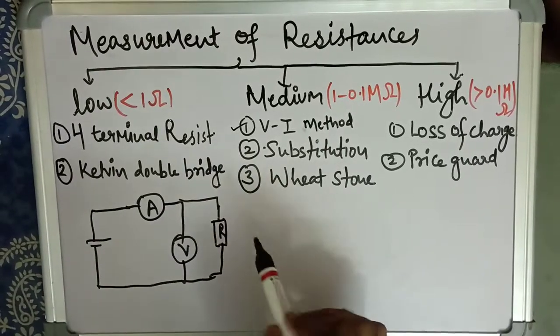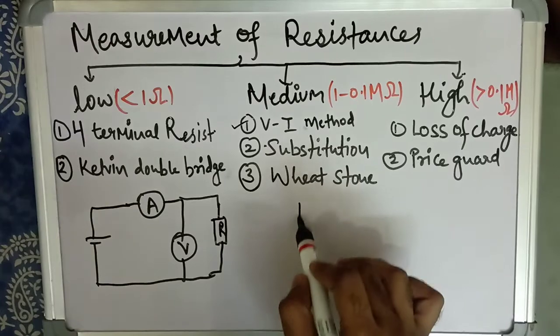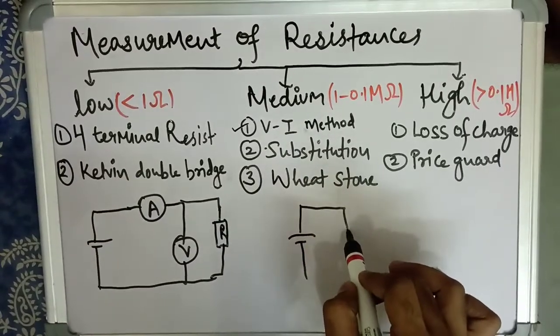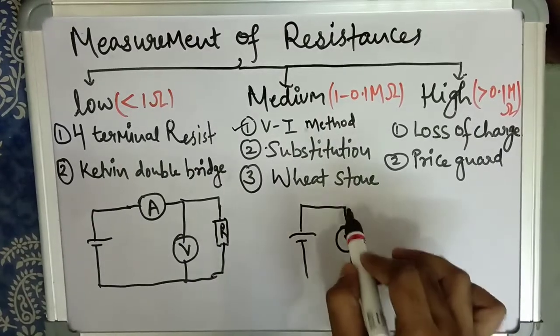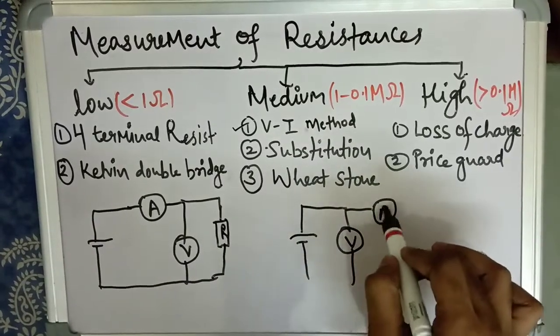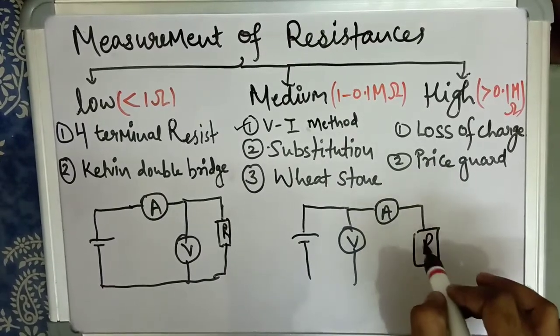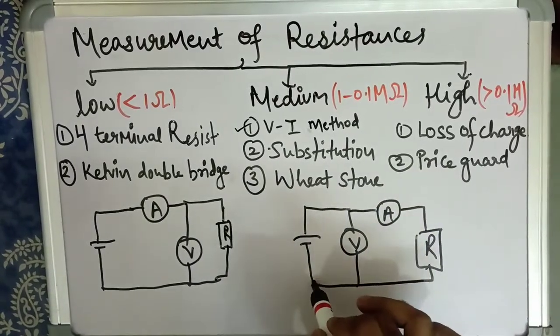But we can also have another configuration, where we connect the voltmeter first and the ammeter ahead of the voltmeter, with our unknown resistance which we want to measure.